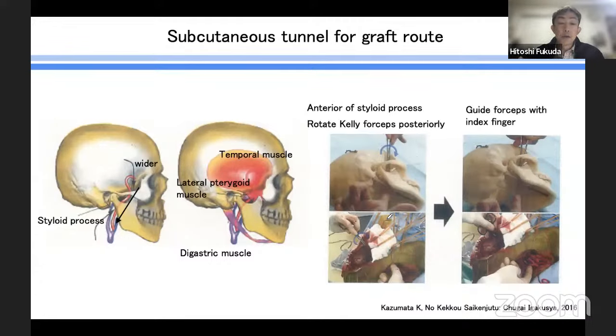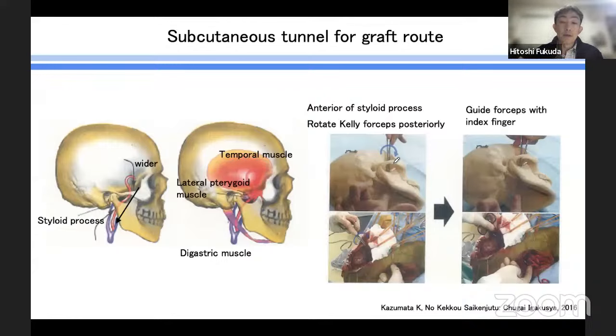First, at the cervical portion, we insert our index finger to touch the styloid process and move the index finger a little anteriorly to wait for the forceps coming from the cranial part. And then we insert the forceps from the anterior half of the subzygomatic space to under the temporal muscle along the temporal bone into the infratemporal fossa.